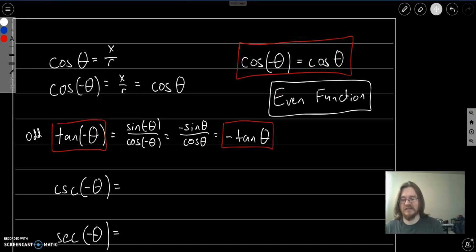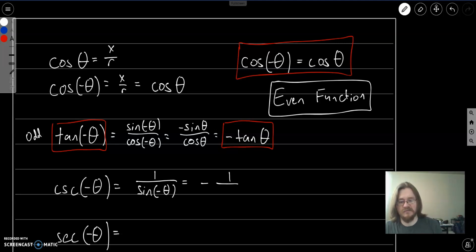Let's look at cosecant. The cosecant, if I want to write it in terms of the functions I have before, the cosecant is 1 over the sine. So the cosecant of negative theta is 1 over the sine of negative theta. And again, sine is odd, so I can pull out the negative sign.